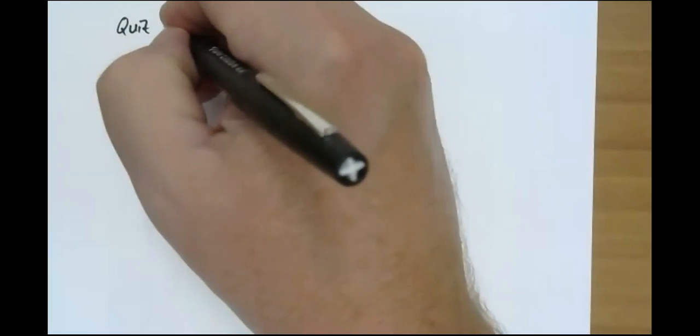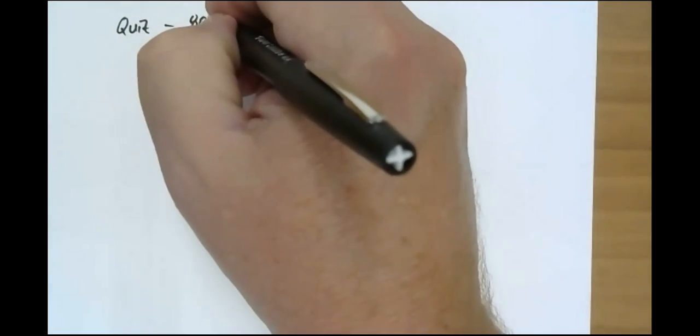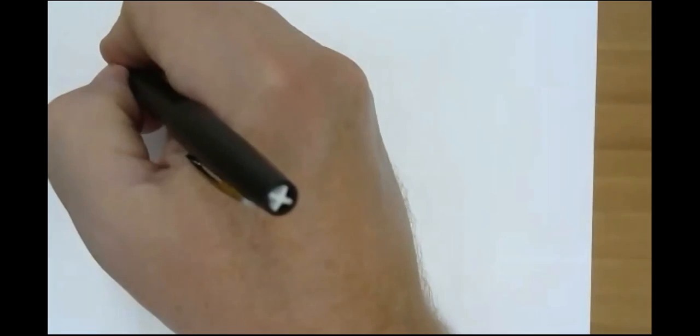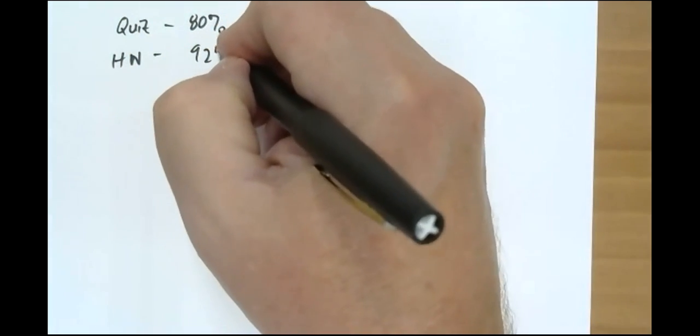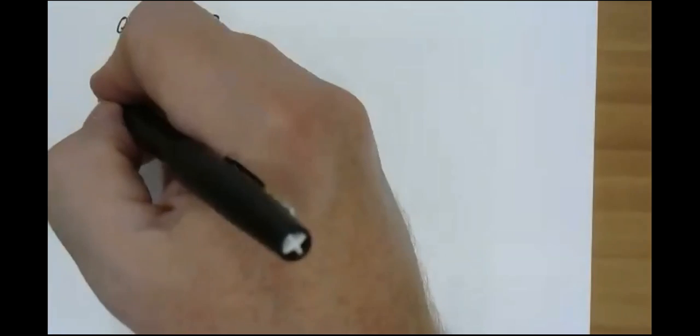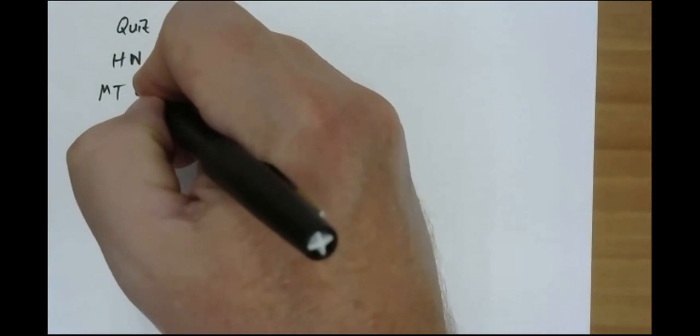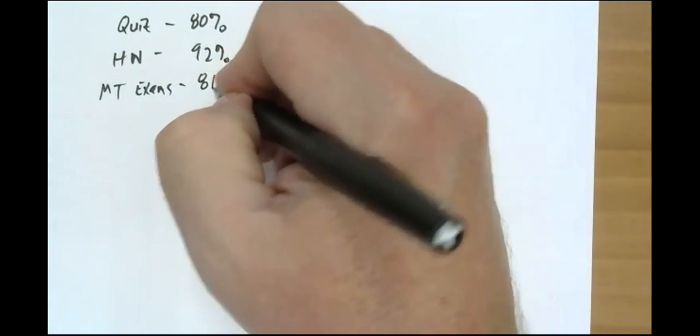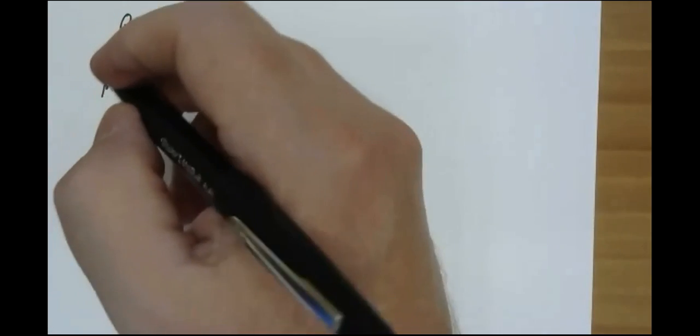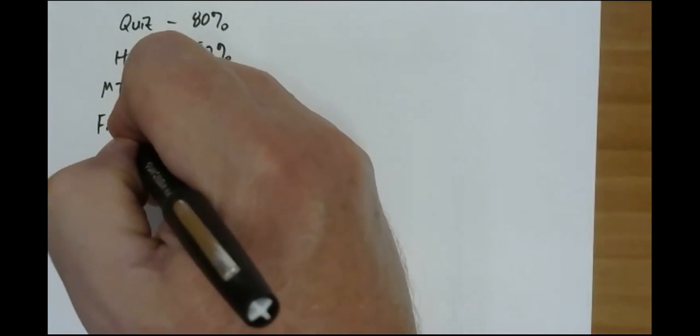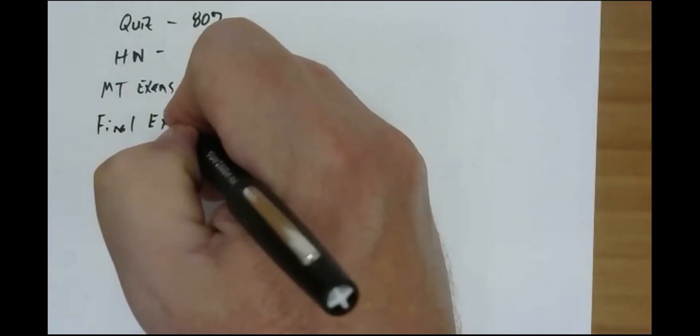I look in the grade book, and for the quizzes I've got an 80%. And for the homework, my score is 92%. These scores are not going to change. I'm done with quizzes and homework. The only thing left is the final exam.